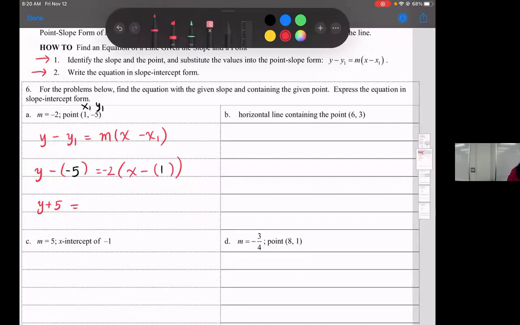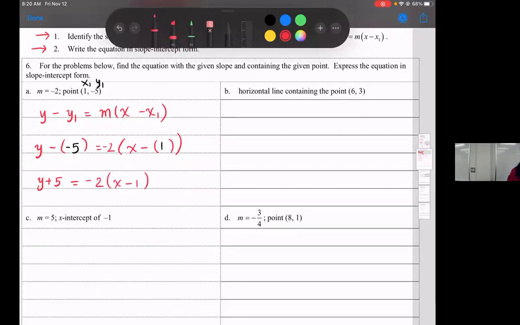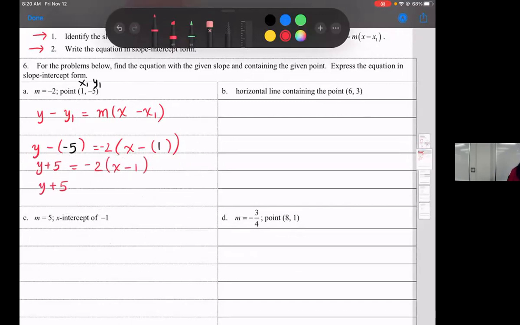So -2 times x minus 1, y plus 5. You need to distribute that -2 into the parentheses. Equal -2x plus 2. Subtract 5 both sides. y equal negative 2x minus 3.